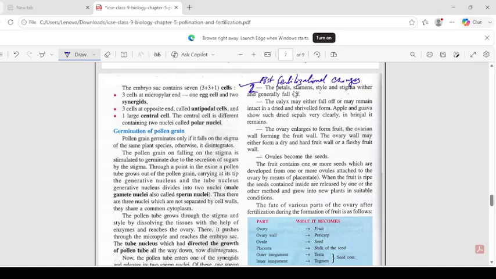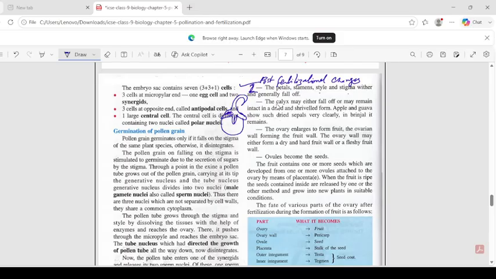In most cases, stamens and sepals also wither off. But in the case of brinjal, if you have seen it, baingan, as you call it in Hindi, this structure in the brinjal is basically the persistent calyx, which becomes leathery, thick, persistent, and attached at the surface of the ovary.